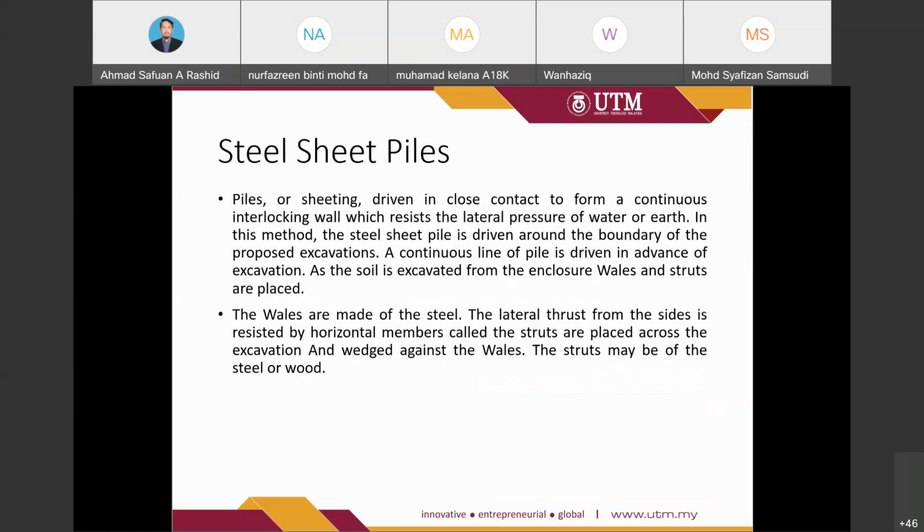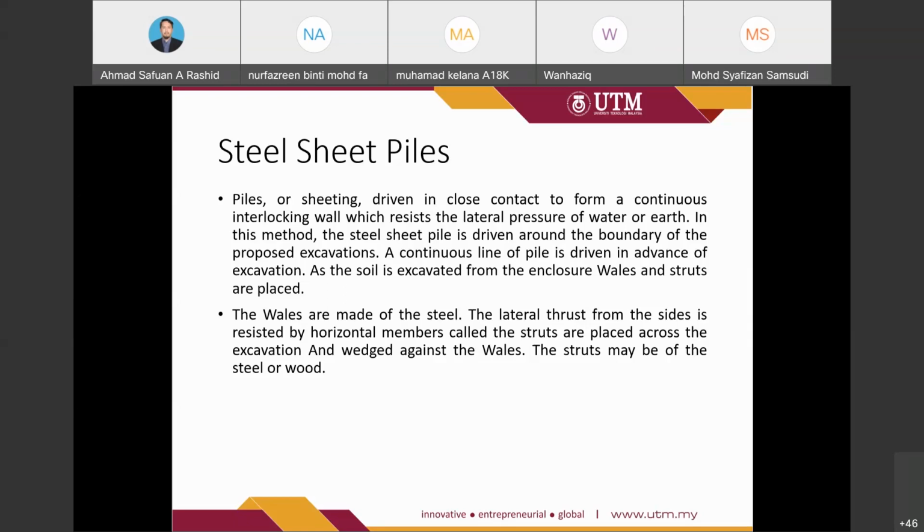Piles or sheeting are driven in close contact to form a continuous interlocking wall which resists the lateral pressure of water and earth. In this method, the steel sheet pile is driven around the boundary of the proposed excavation. A continuous line of pile is driven in advance of the excavation, as the soil is excavated and the wales and struts are placed.